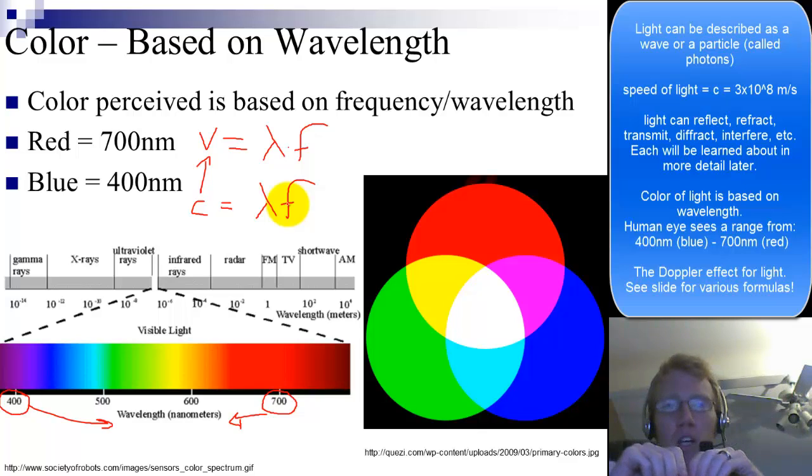The second thing about color is that when multiple colors come into the human eye at the same time, we perceive it differently. You can have pure blue light, which is a bunch of light that all has a wavelength of like 430 or something like that. And you can have pure green light, which is all wavelength 530, something like that.